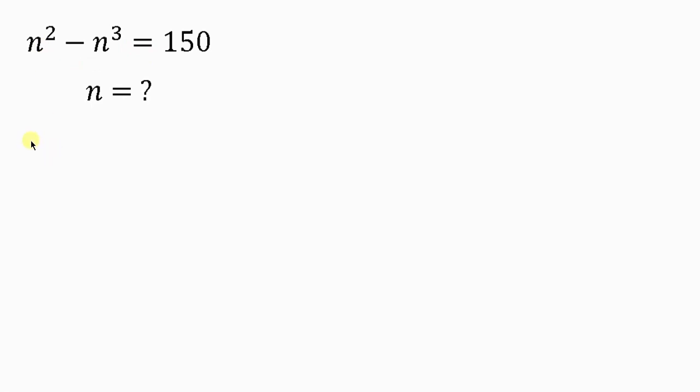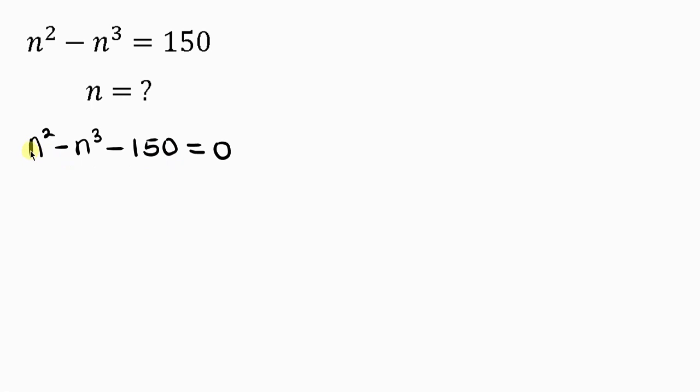So we have n squared minus n cubed. As 150 crosses to the left, it becomes minus 150 equal to 0.